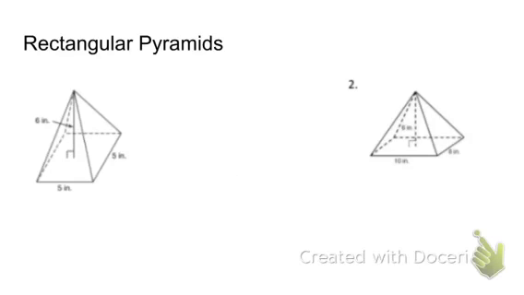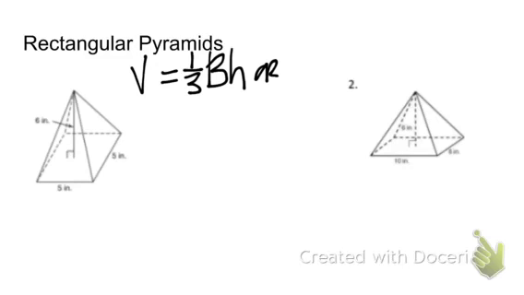Okay, so to solve for a rectangular pyramid, you have your formula that they give you on your formula chart. V equals 1/3 big B, which again is area of the base, times our height of our pyramid. Or you can write it as big B times H divided by 3.